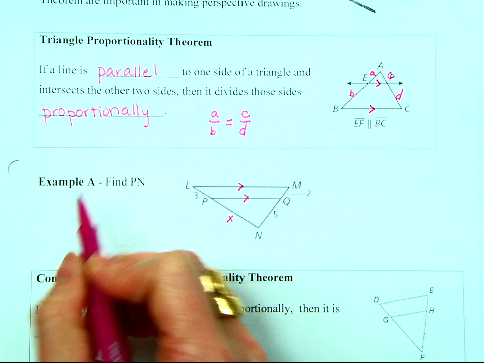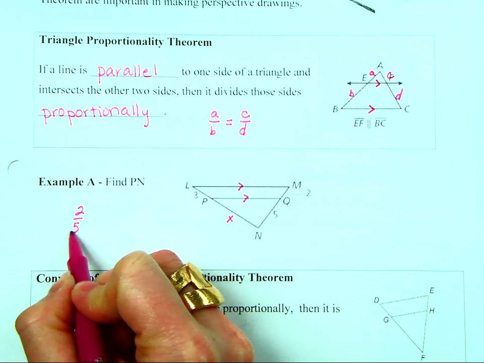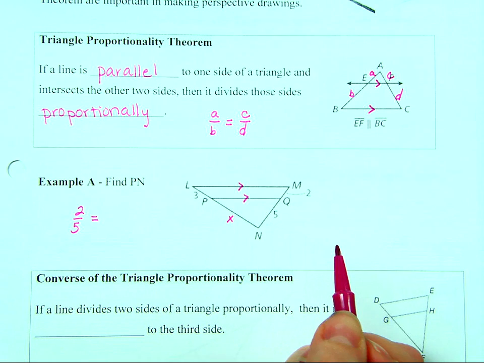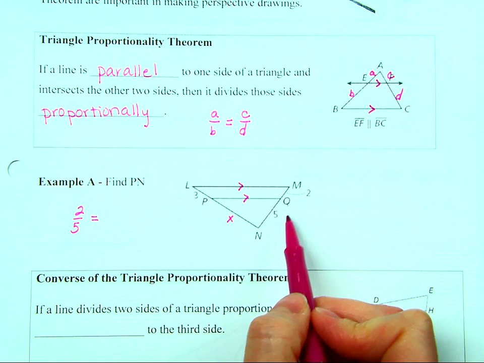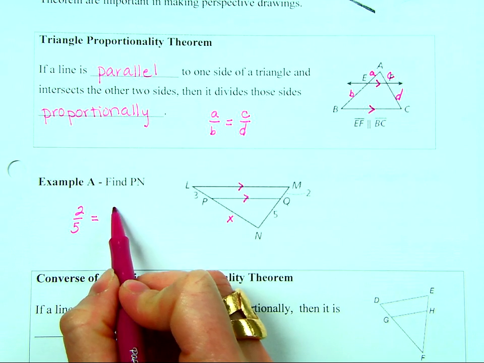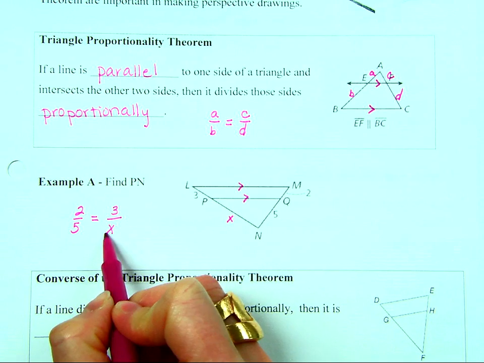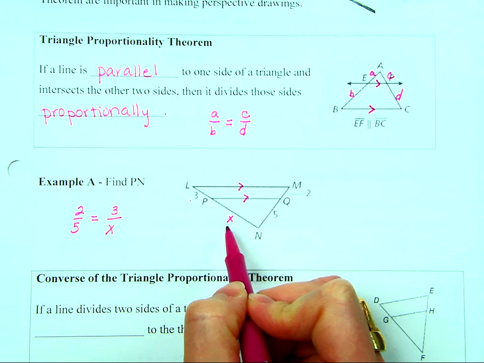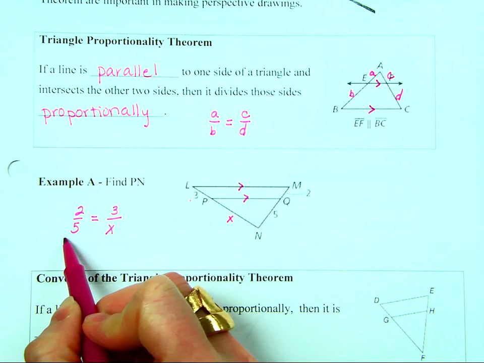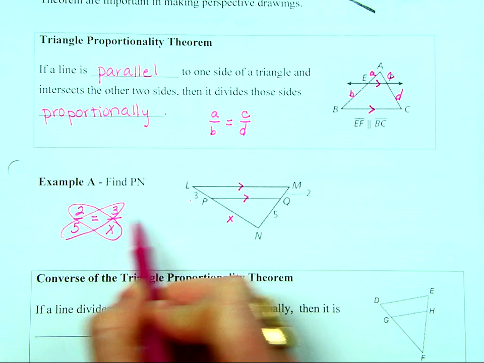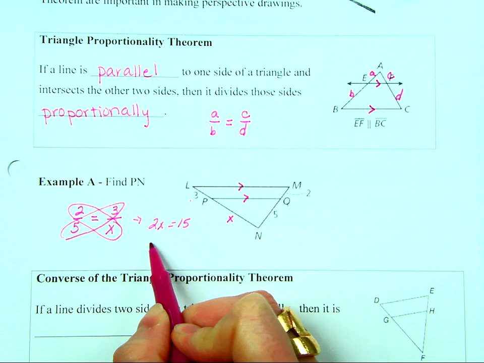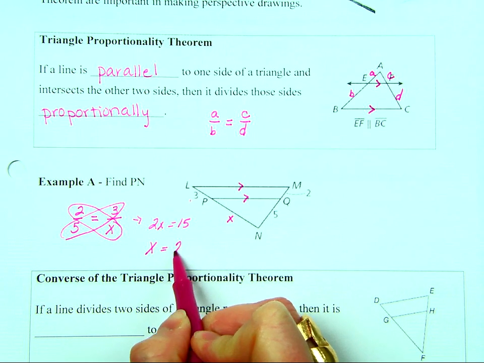And so I can use that ratio to solve for x, because my other side should have the same ratio. If I say 2 over 5, I'm going to say that would be equal to 3 over x. Small part over big part, small section over big section. And then, as before, we just use our cross products. Now, we would find that our x value is 7.5.